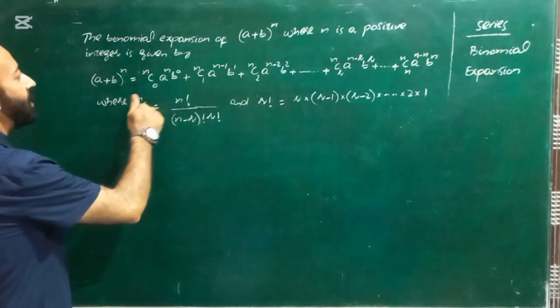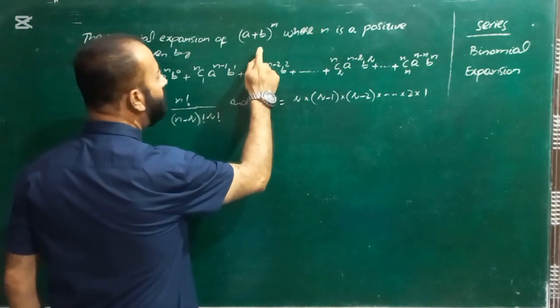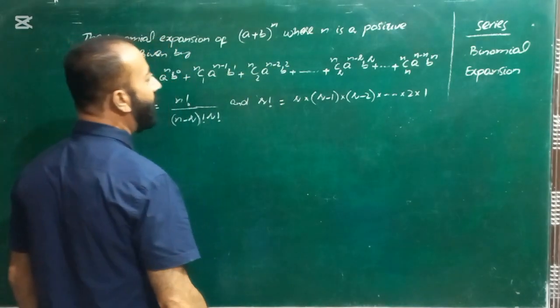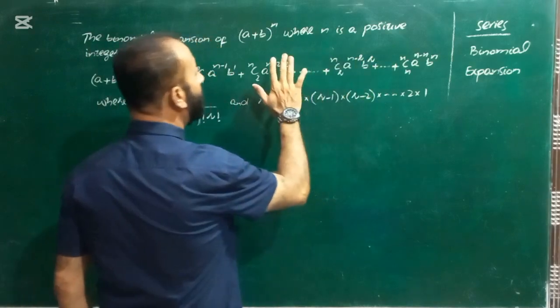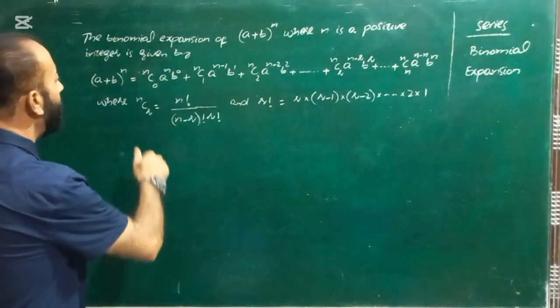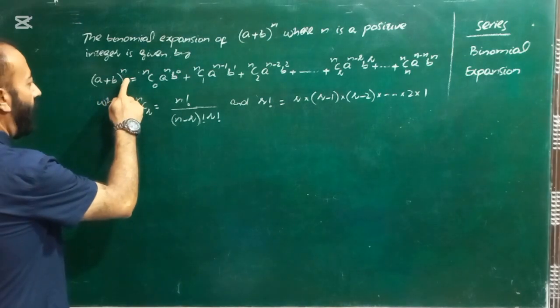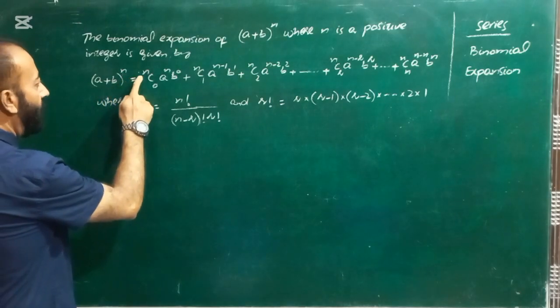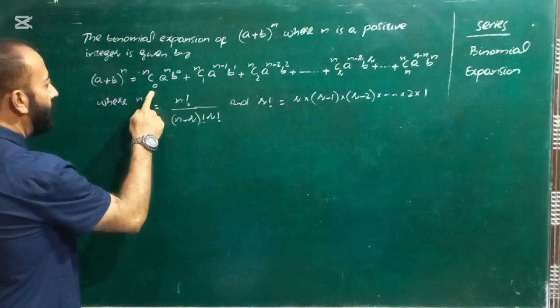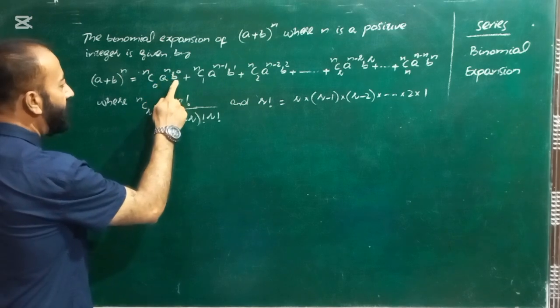The binomial expansion of (a + b) raised to the power n, where n is a positive integer, is given by (a + b)^n = nC0 a^n b^0.